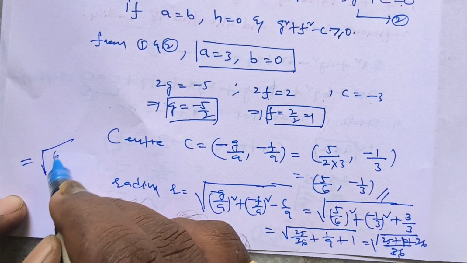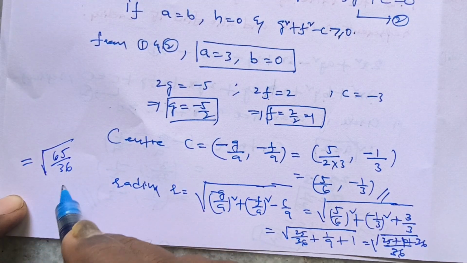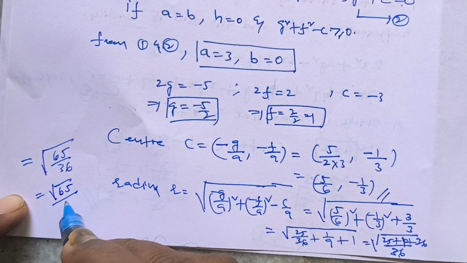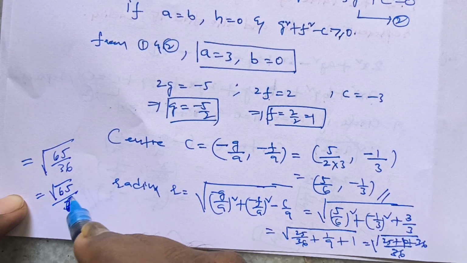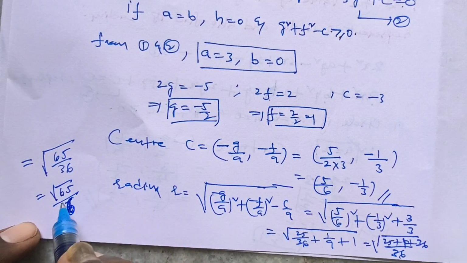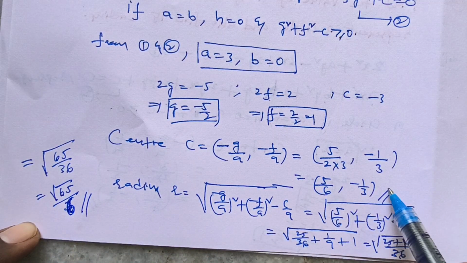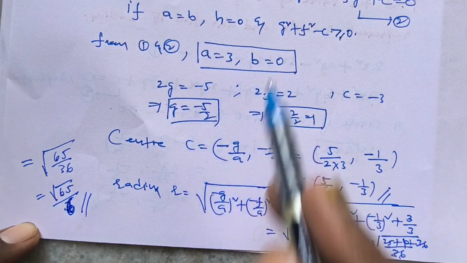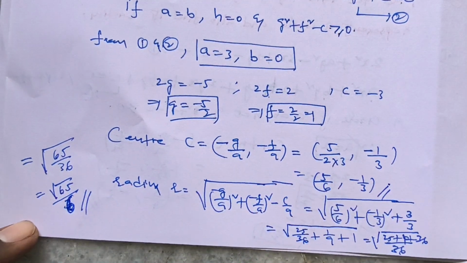That is root 65 by 36, which is equal to root 65 by 6. So this is the radius, this is the center, and these are the A and B values. Okay.